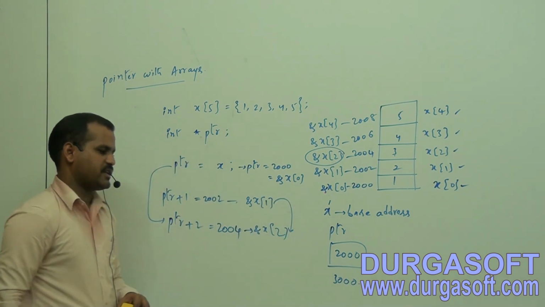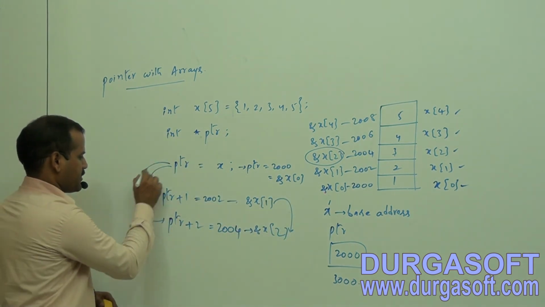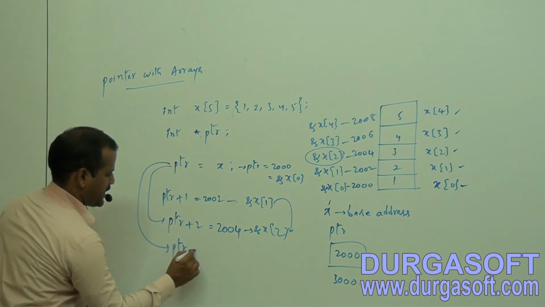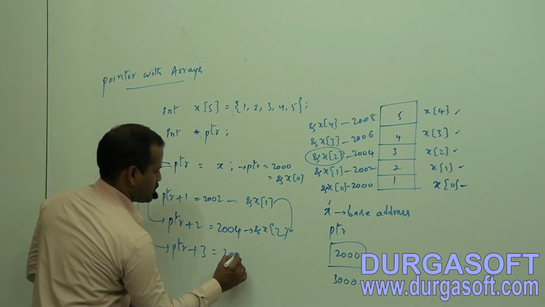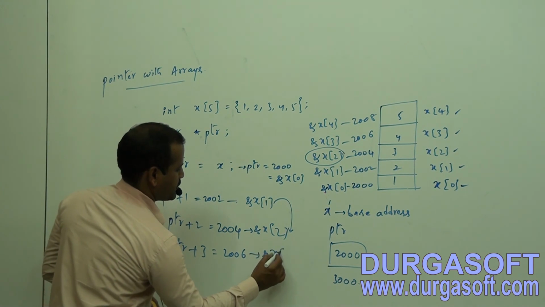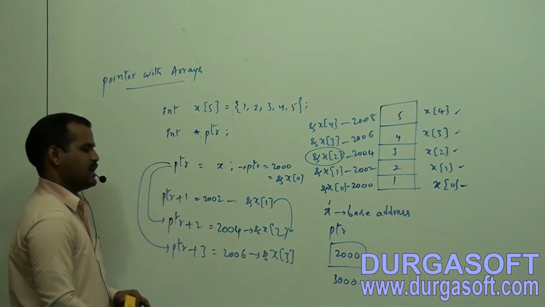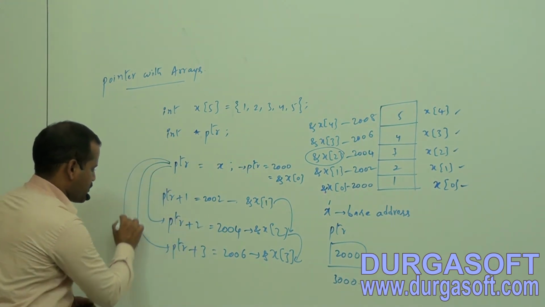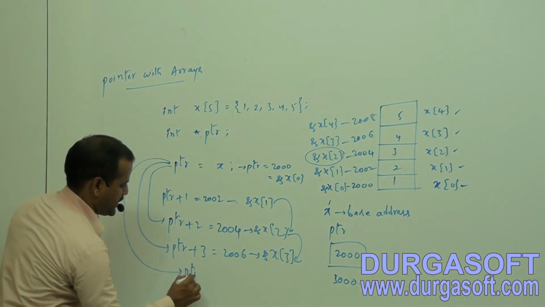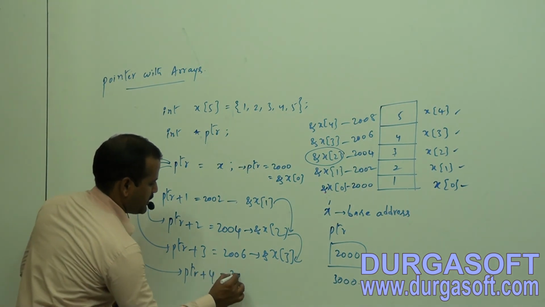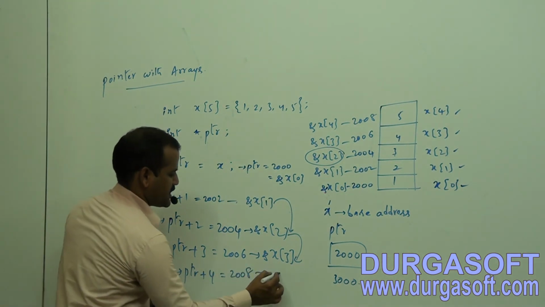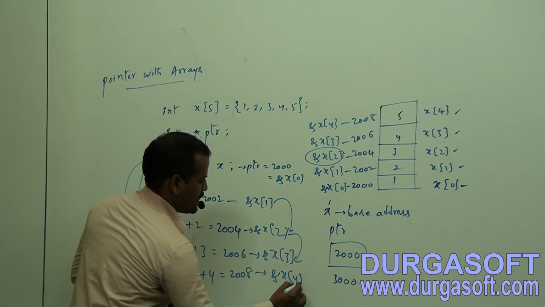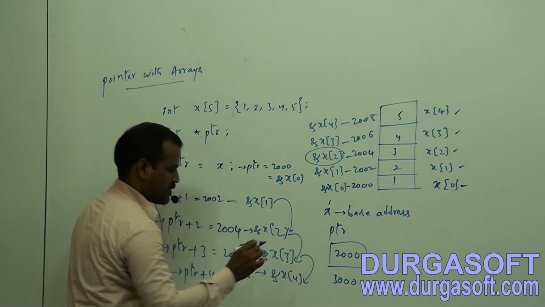Like that, if you take PTR plus 3, that is equivalent to 2006, the address of X of 3, the next element after X of 2. And if you write PTR plus 4, it indicates 2008, which is the address of X of 4, the next element.